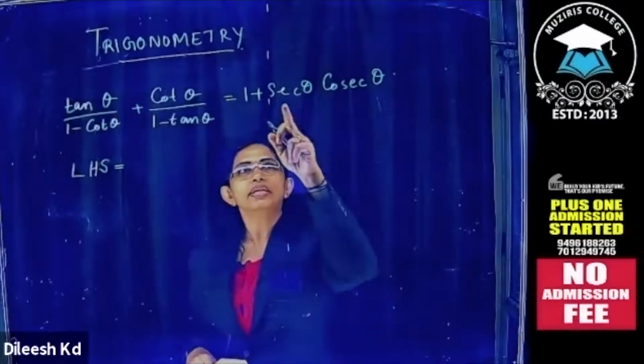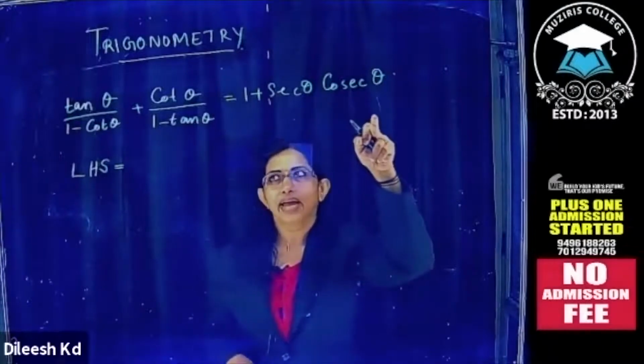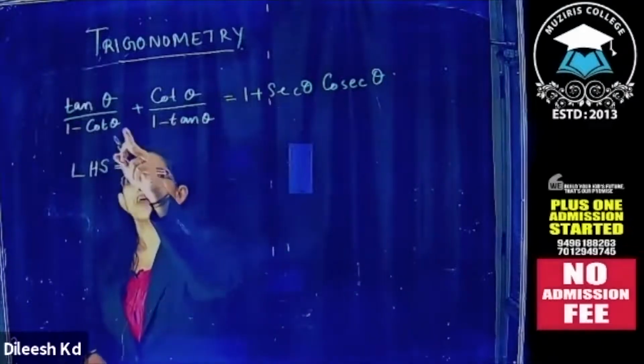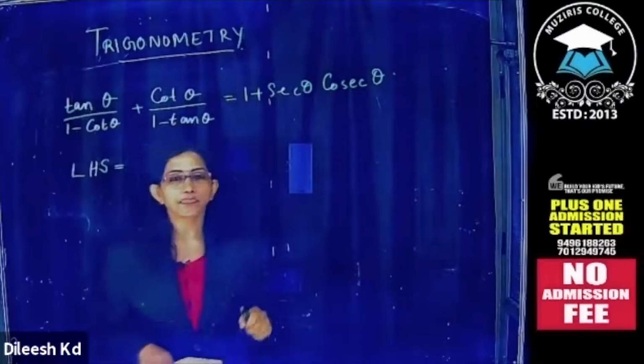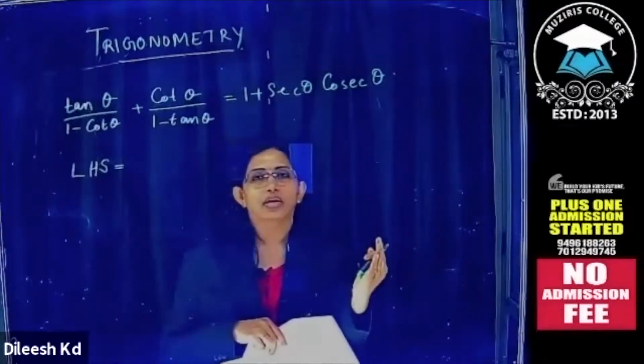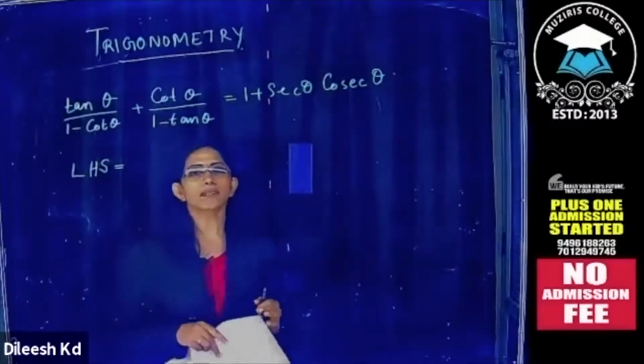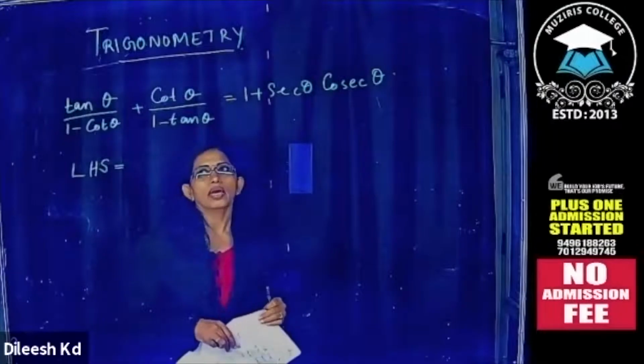So these two are terms of cos theta and sin theta, whereas here we have tan theta and cot theta. So we will connect them by changing the ratios.